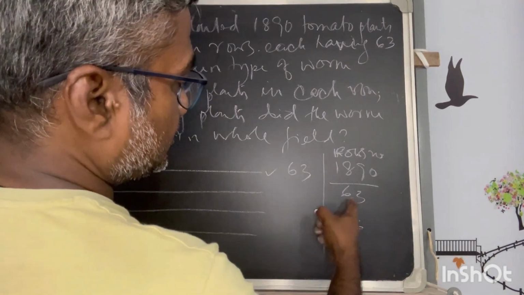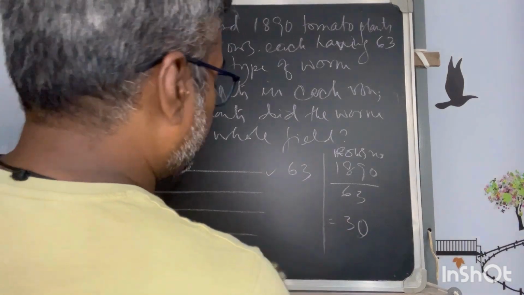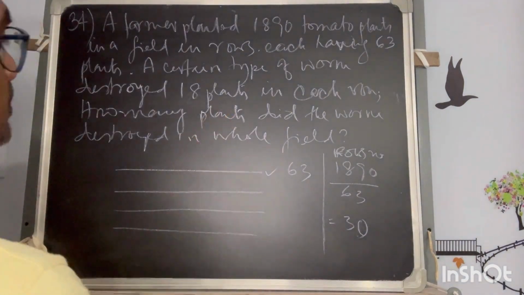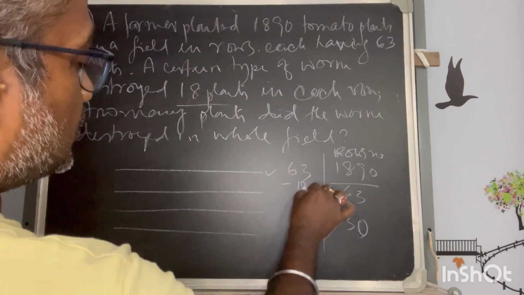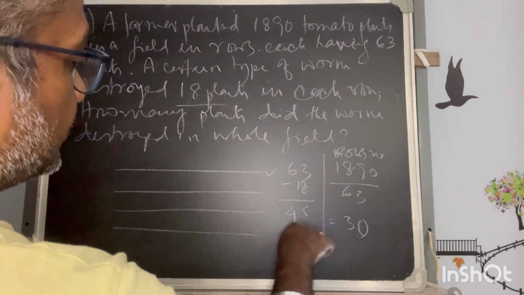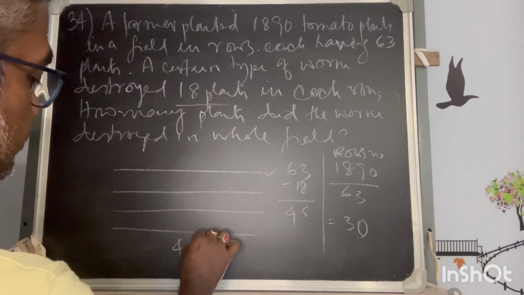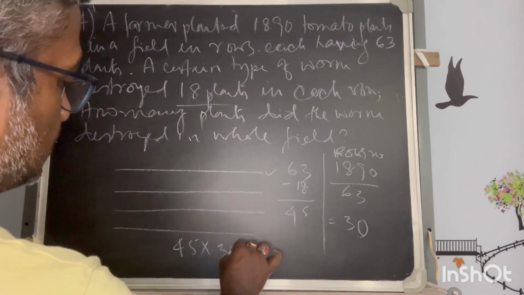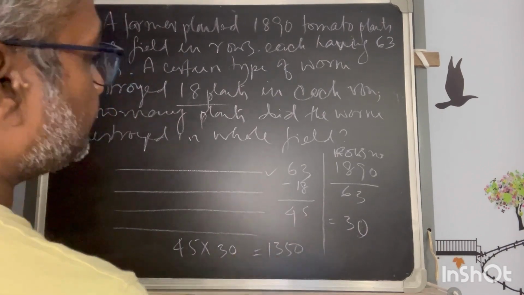The worm has destroyed 18 plants in each row, so that is deducted. How much will remain in each row? 45 survive in each row, times 30, that means 1350 will be the case.